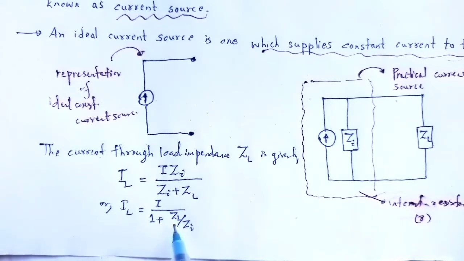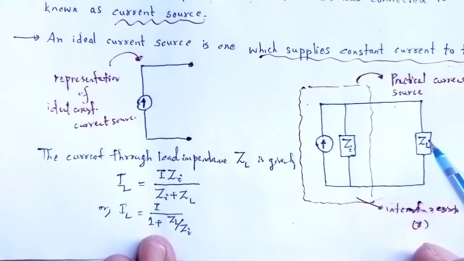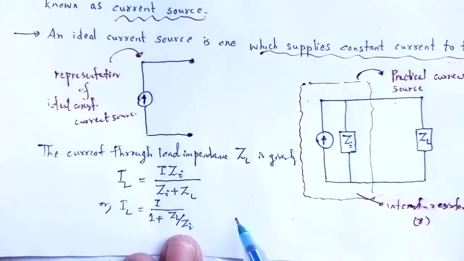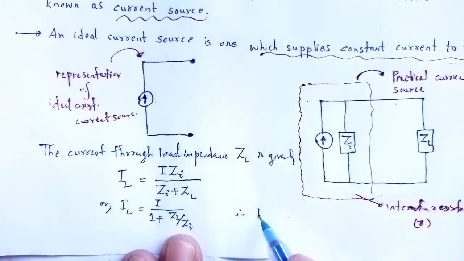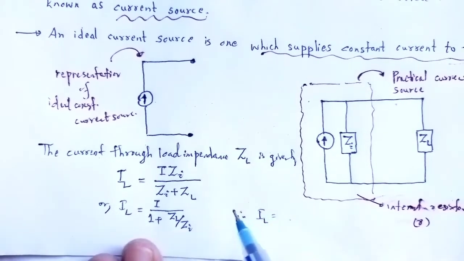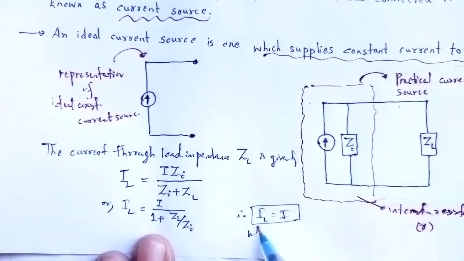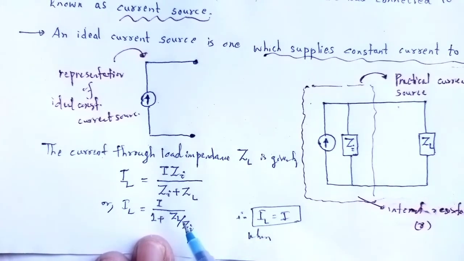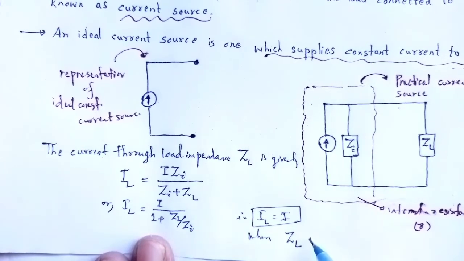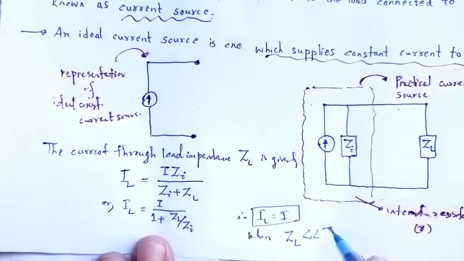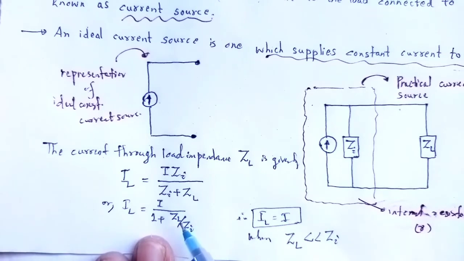The current through the load impedance IL is equal to I when ZL is very much less than Zi.